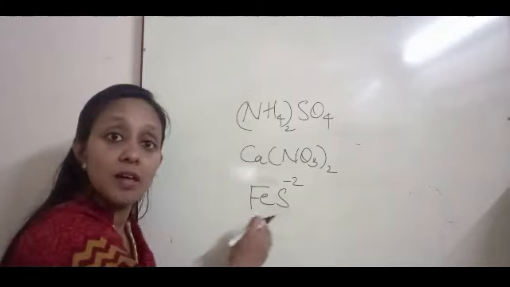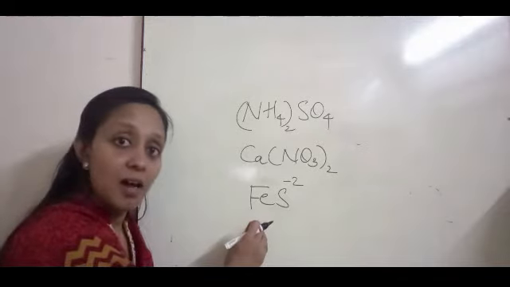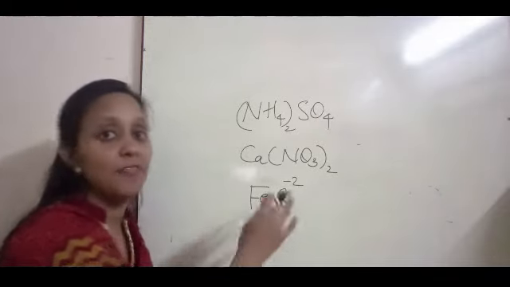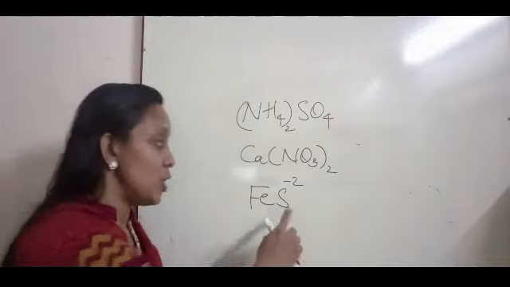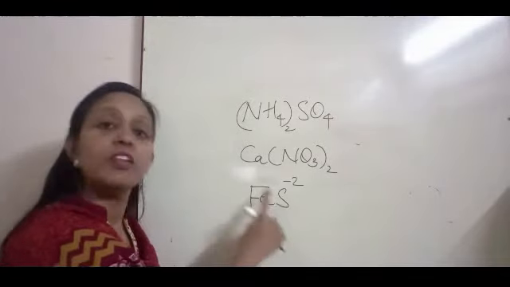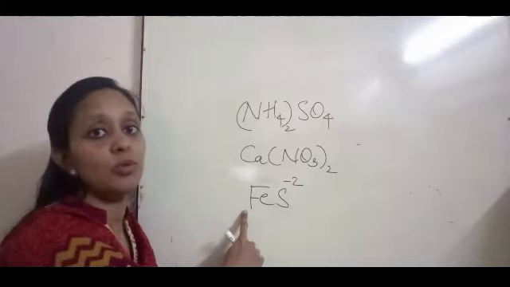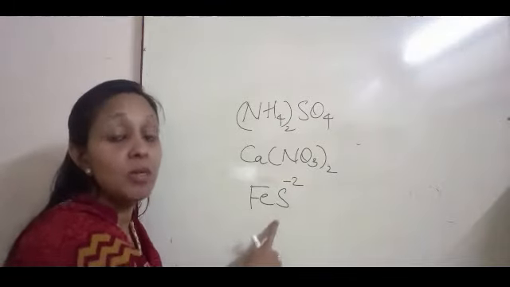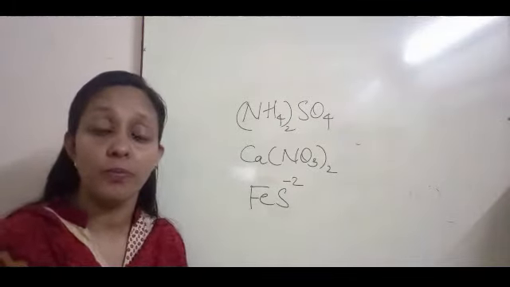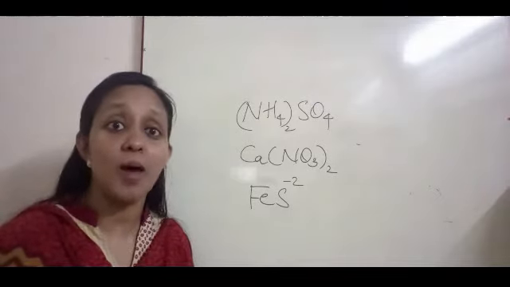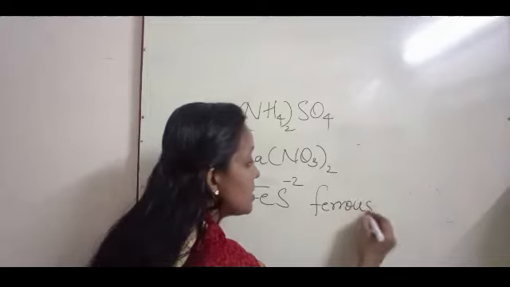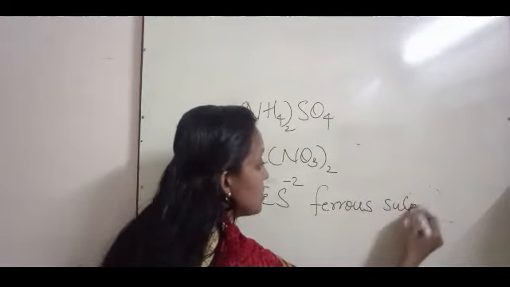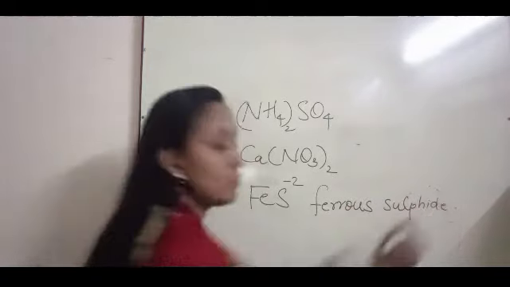Both the radicals, that is iron and sulfur, show the same valency. As we know, the valency of sulfur is 2, the valency of iron will also be 2, and that is why no number is written at the bottom. If the valency of iron is 2, how do you name this compound? It is ferrous sulfide. It's named as ferrous sulfide.